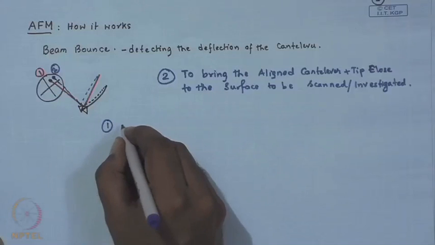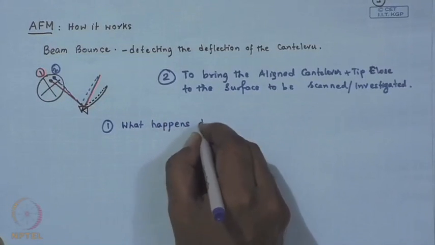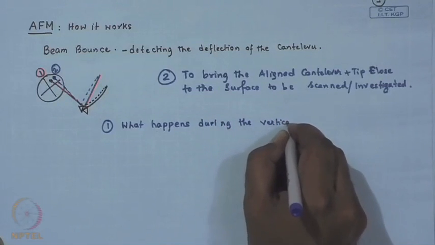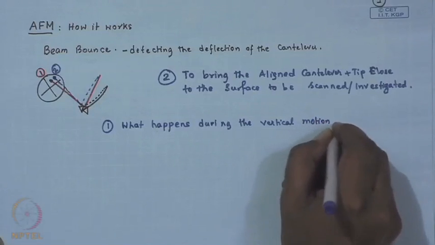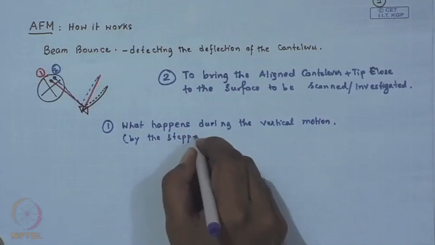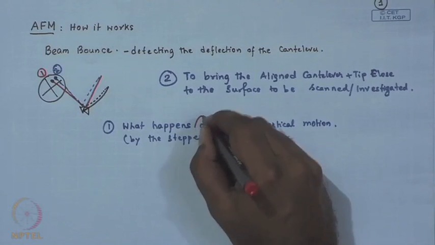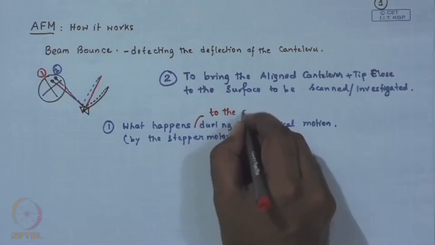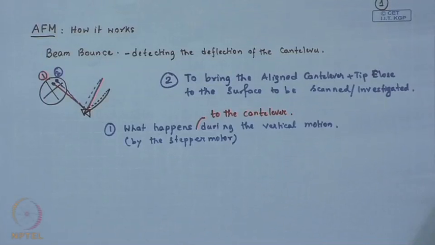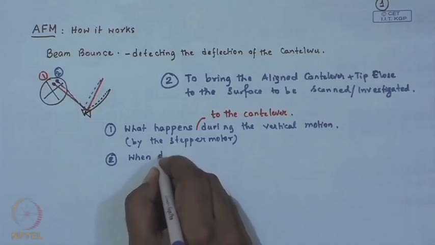Number one, what happens to the cantilever during the vertical motion by the stepper motor, and question number 2, when does this motion stop?